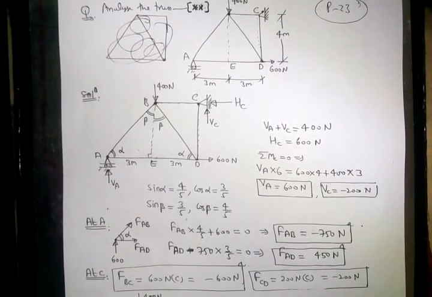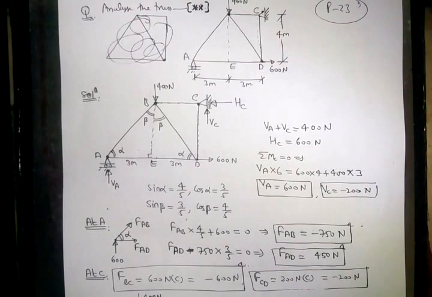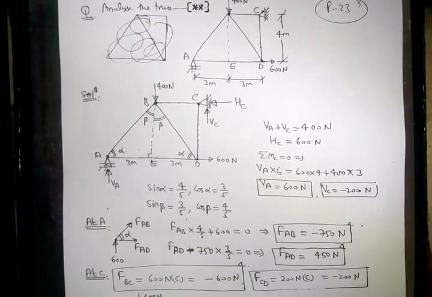It means force in FCB equal to 600 compressive means minus 600, and force in CD equal to VC is minus 200 means 200 compressive. So force in CD equal to minus 200, right? And now by taking the other joints, we can find out force in different members, right?